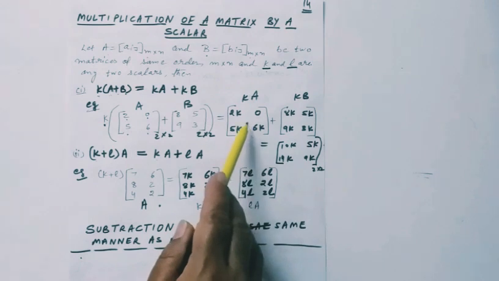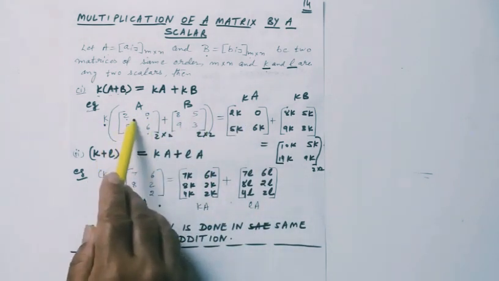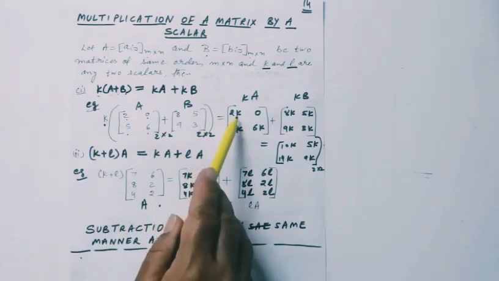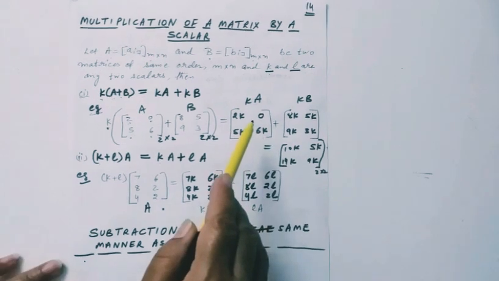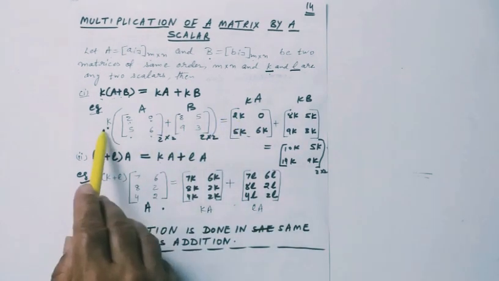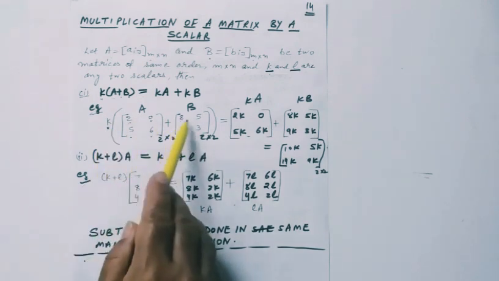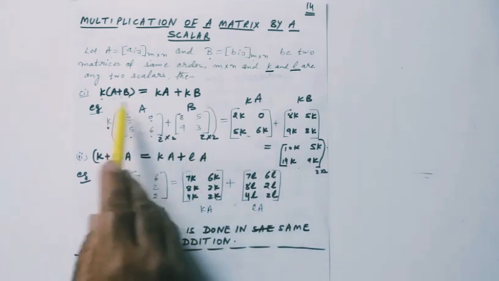So we are going to get the same result if we first multiply K with A. So how do we multiply a matrix by a scalar? We multiply every element of A with K: 2K, 0K, 5K, 6K. And similarly, how do we get K times B? We multiply every element of B by K: 8K, 5K, 9K and 3K. If we add them, we get the same matrix. So we verify this property.